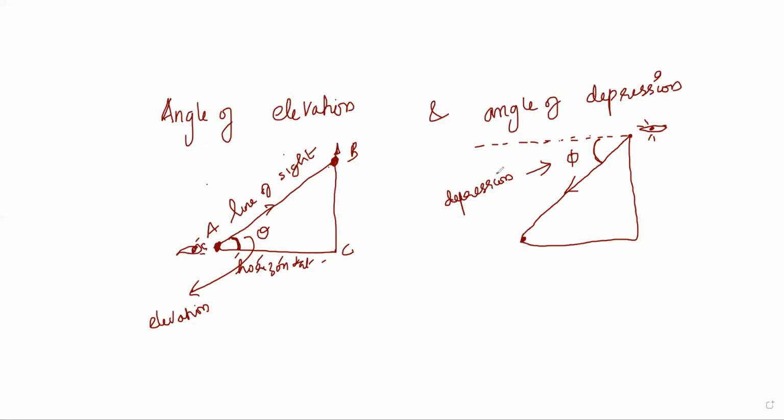Don't get confused. Angle of depression is the angle between this horizontal line and this line of sight. Line of sight means the line through which you are looking.